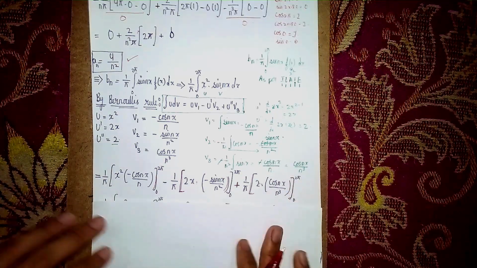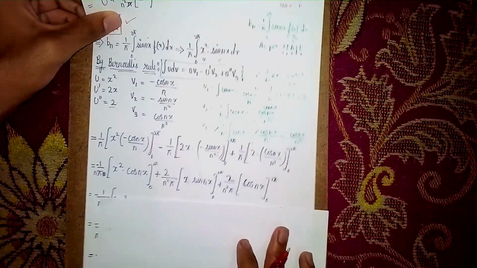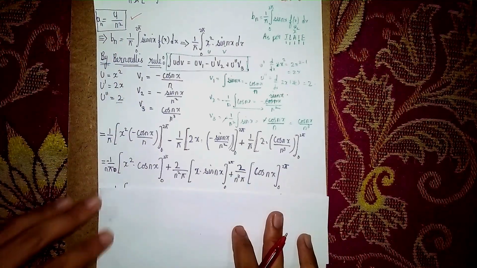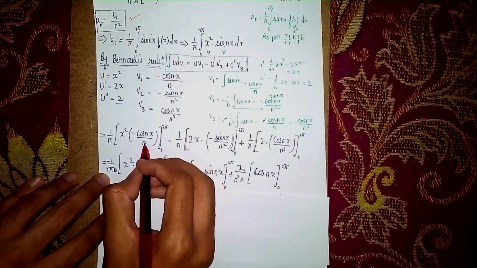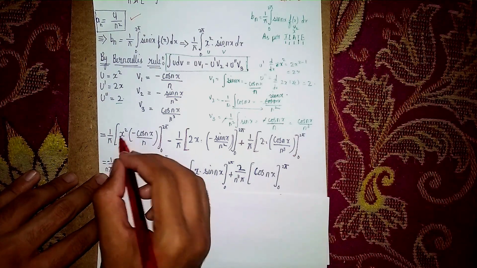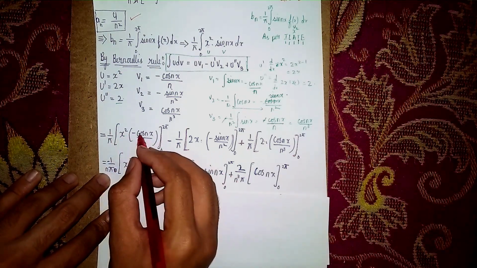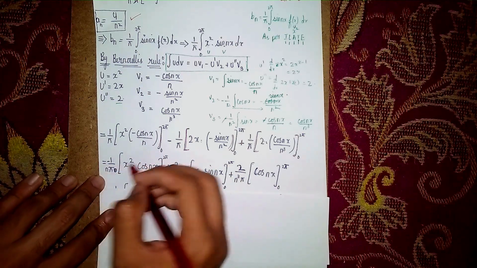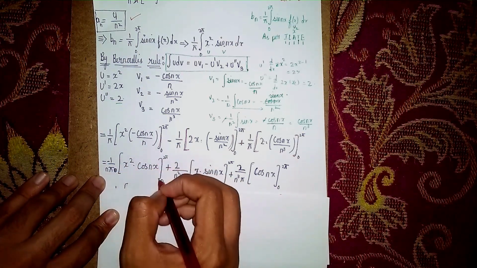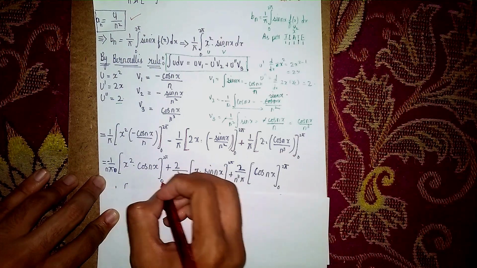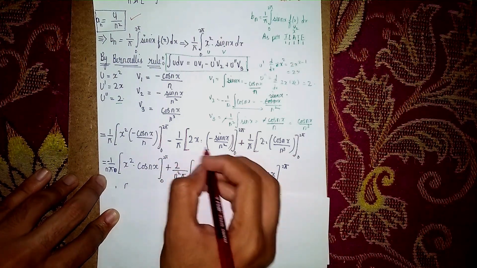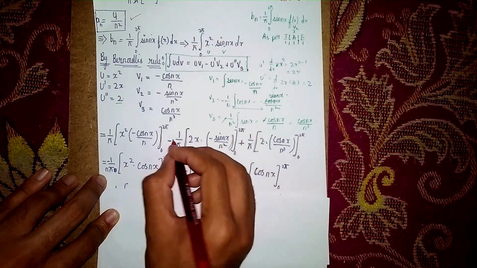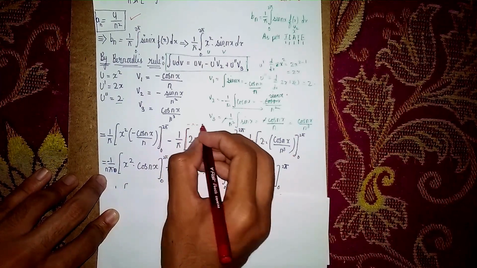Okay, now continue here. What are you doing? Simply I am taking n outside and minus outside, so it will become multiplied here. And taking minus outside, it becomes minus 1 by n pi into cos nx, same as in the previous procedure, 0 to 2 pi. Then here, I am taking this minus outside, so minus into minus will become plus.